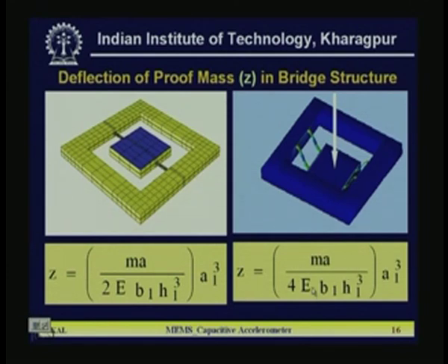Here also H1, A1 and B1 are respectively the thickness, length and width of the flexures. M is the mass of the proof mass, A is the acceleration, and E is the modulus of elasticity. So the simple relations for the proof mass deflection for the 2 flexure bridge and 4 flexure bridge are shown below.